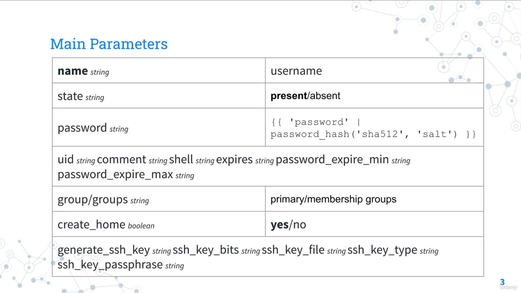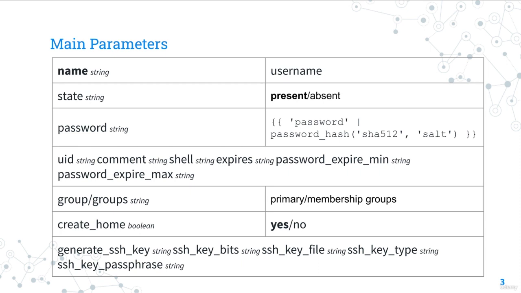This module has some parameters to perform a lot of tasks. The only required one is name, that is the username of our account. State allows us to create or delete a user. In our case, the default is already set to present to create a user. Password is very often used in conjunction with the password_hash filter to generate a password.